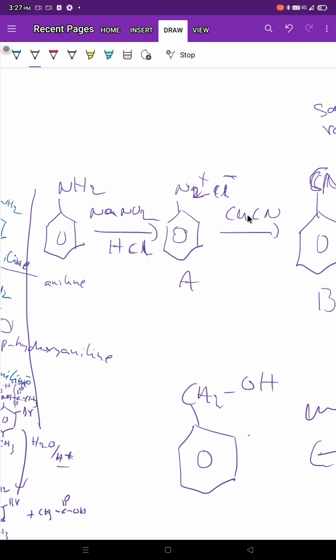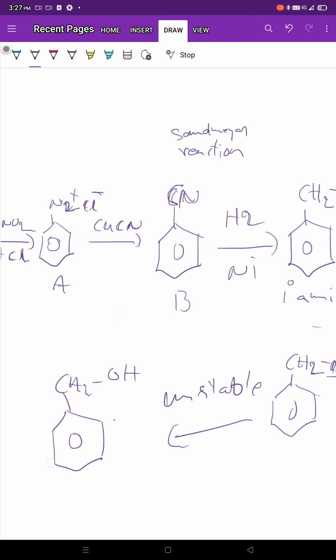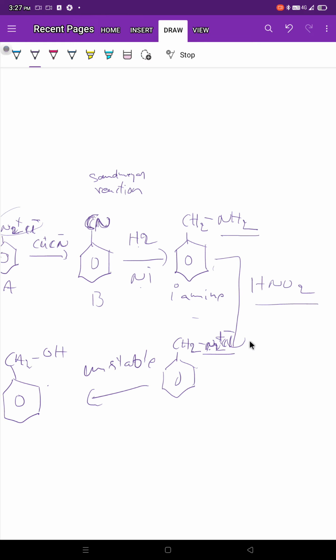Benzene diazonium chloride on reaction with CuCN gives the product here. CN is substituted here. Then on reduction with H2 in presence of Ni, you can get primary amine.